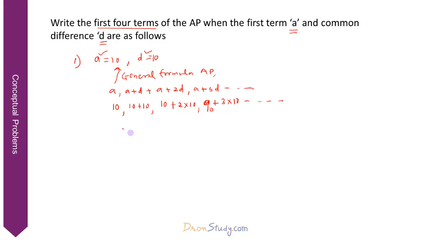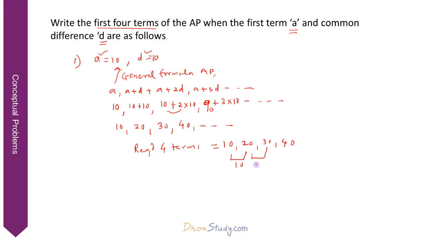So this will be 10, 20, then 30, and 40. But we have been asked to write the first 4 terms, and therefore the required 4 terms are 10, 20, 30 and 40. So here you see that the difference is 10 and the first term is also 10.